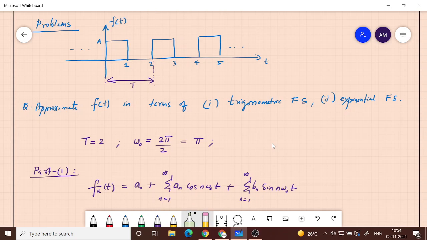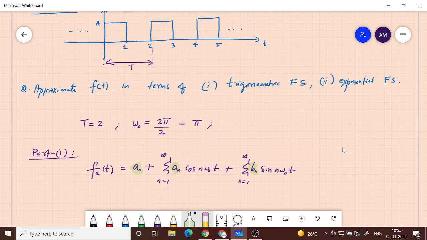So the question is, what is this? The components are known to us, but we don't know the coefficients. So when you want to approximate it, you have to find the best coefficient values a0, an, bn, and then substitute them.